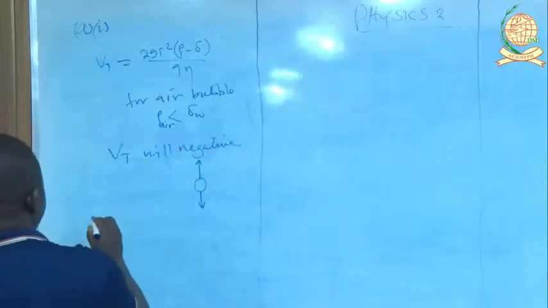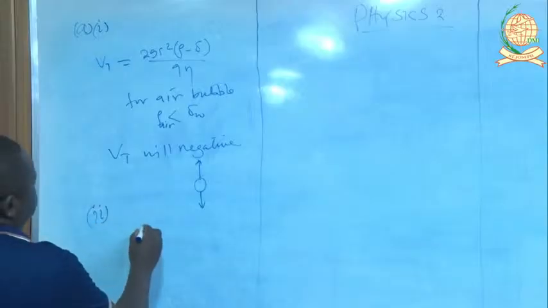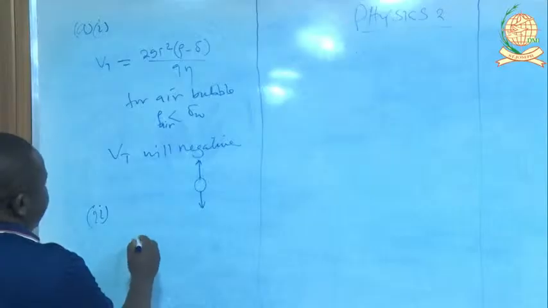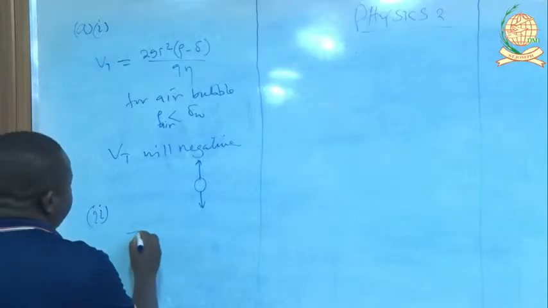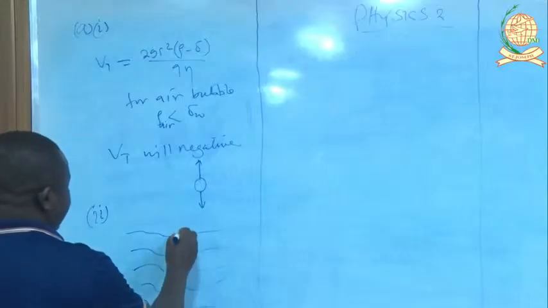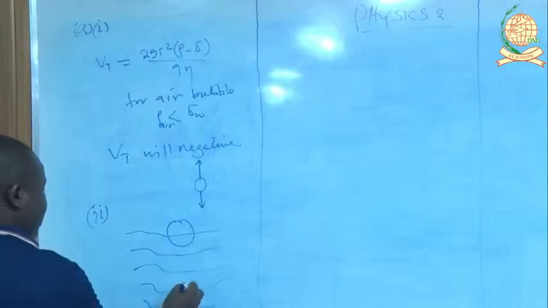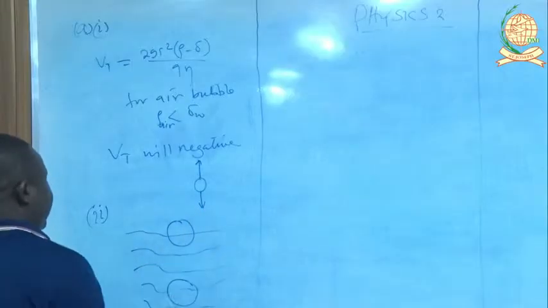So in Roman 2, we are supposed to show that the time taken by a body moving in viscous fluid, starting from the surface to the inner part, is independent of the density of the fluid.